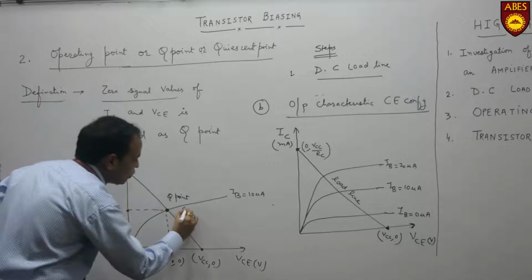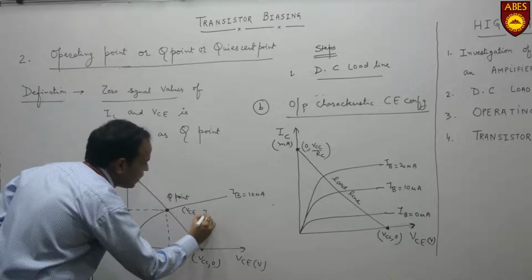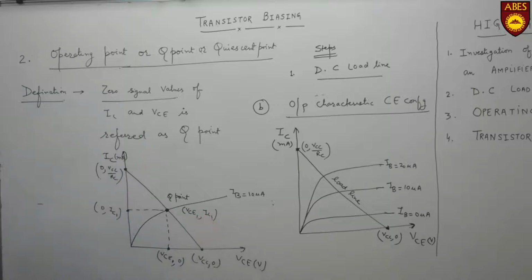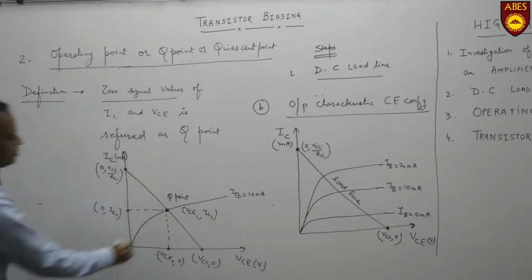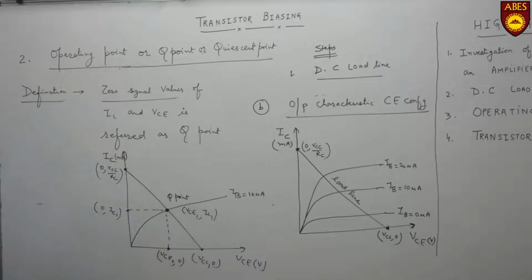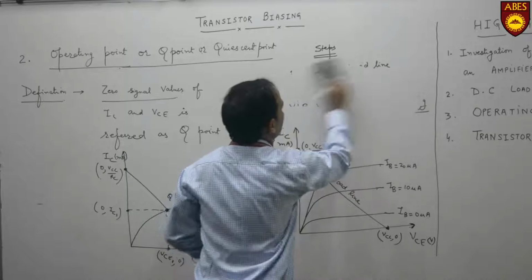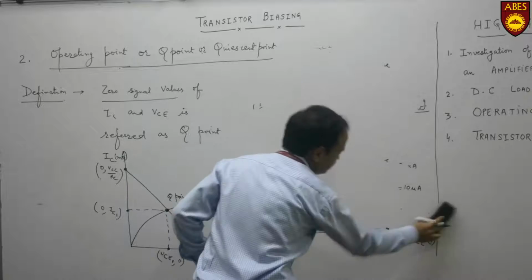So the Q point coordinates will be VCE1 comma IC1. Now, what is the importance of drawing this particular Q point? We will now be discussing the importance of this Q point.